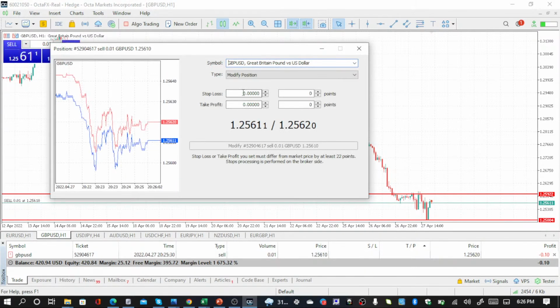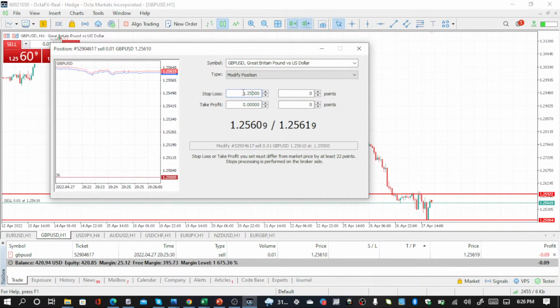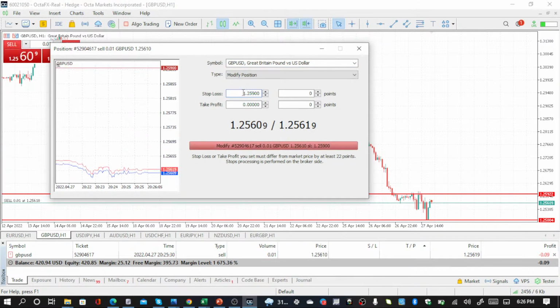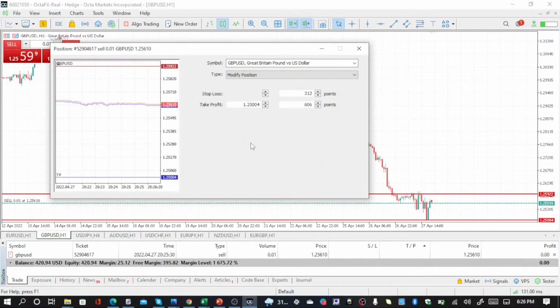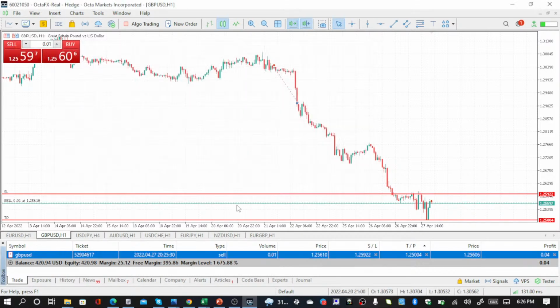Stop loss is 1.25922, and take profit is 1.25004. Let's modify. As you can see, our stop loss and our take profit are now set.